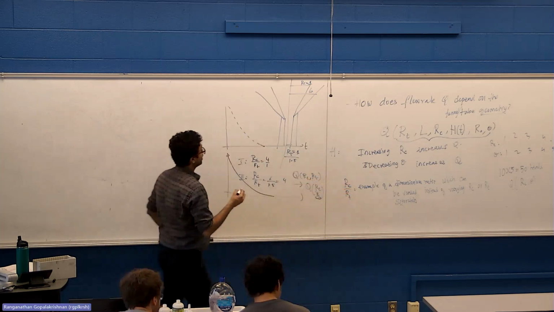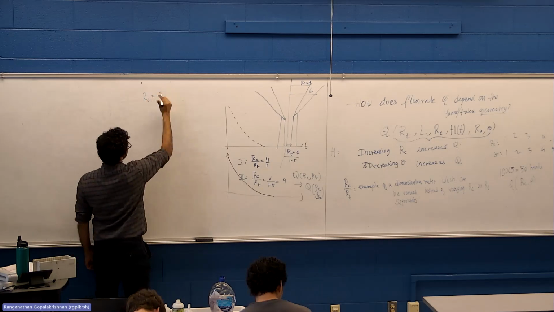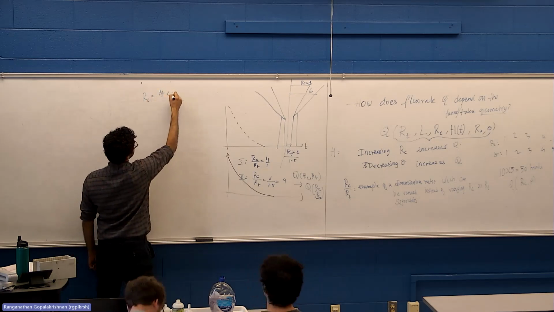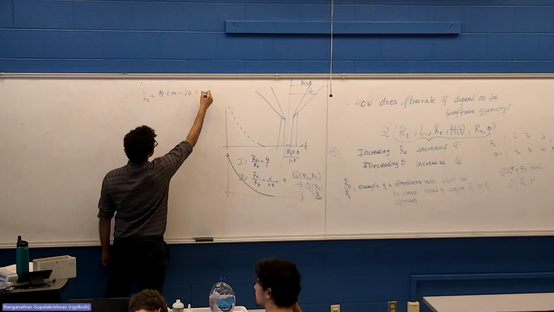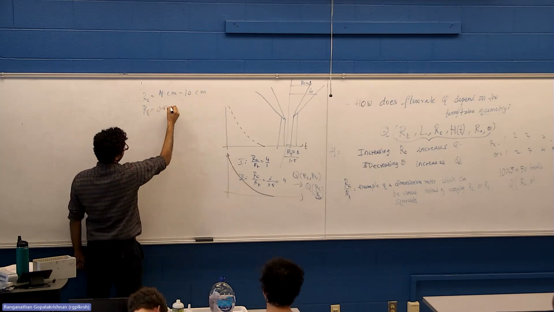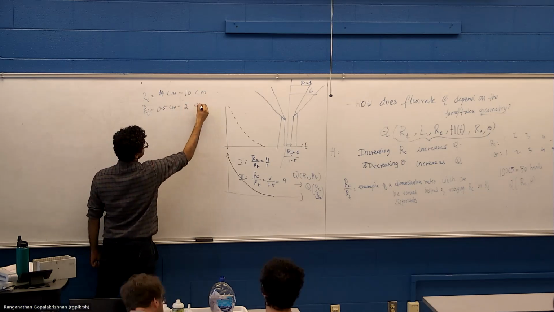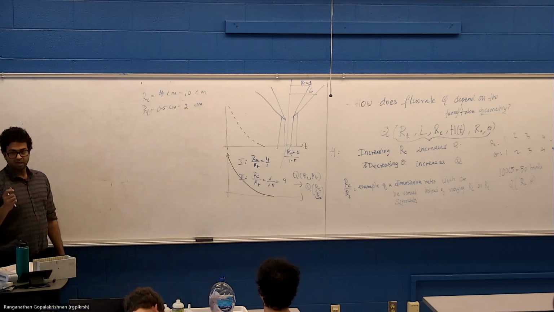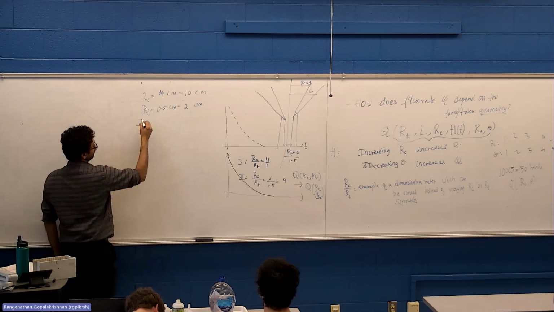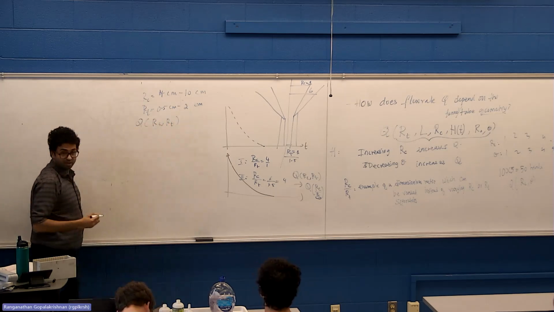Let's say possible values of RC are from 4 centimeters to 10 centimeters. And possible values of RT are from half a centimeter to 2 centimeters. And then we'll say, for simplicity, Q depends on both of these radii.